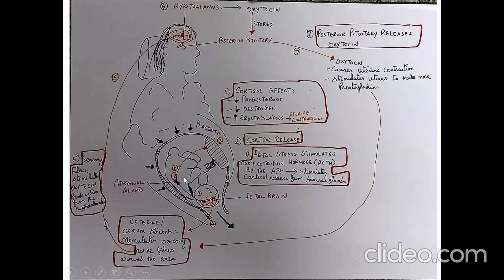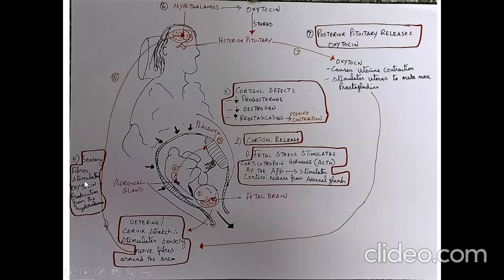And then, fourth step again, the uterus will be getting stretched. Increased stretch will be given to the uterine walls, which stimulates the sensory nerve fibers around the area. Nearby area will be sensitized. This sensory fiber stimulates the oxytocin production from the hypothalamus.